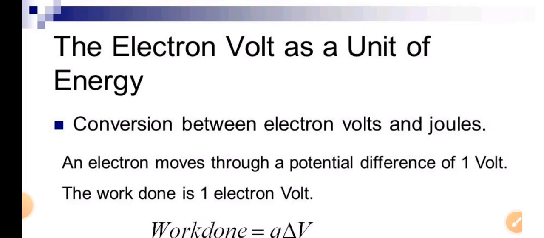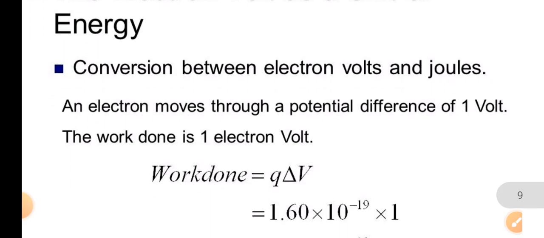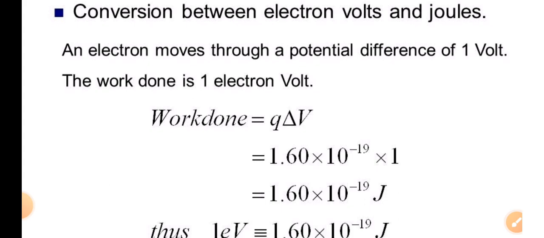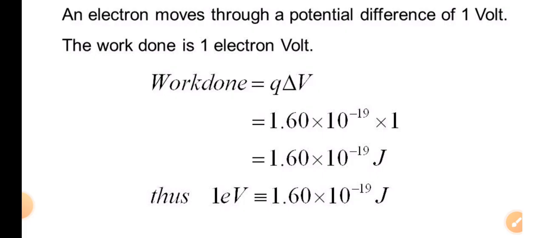So conversion between electron volts and joules. Say an electron moves through a potential difference of 1 volt. The work done is 1 electron volt. So work done is Q into delta V, which is equal to 1.60 into 10 to the power minus 19 into 1, because the potential difference is 1 volt. So it is 1.60 into 10 to the power minus 19 joule.